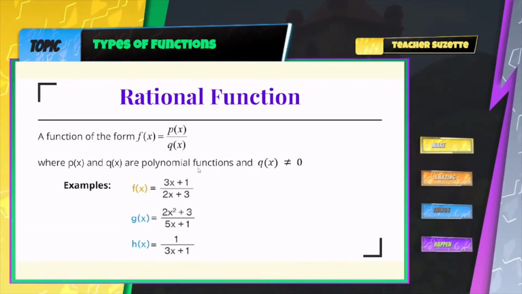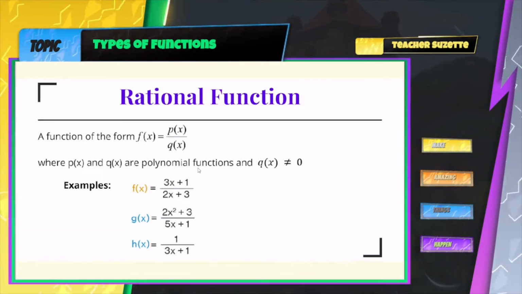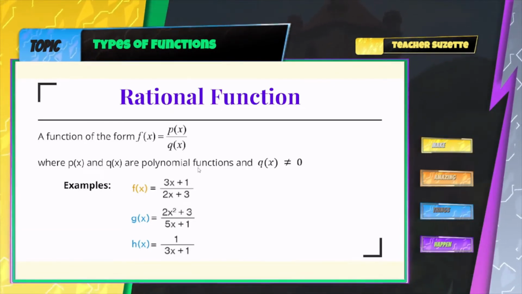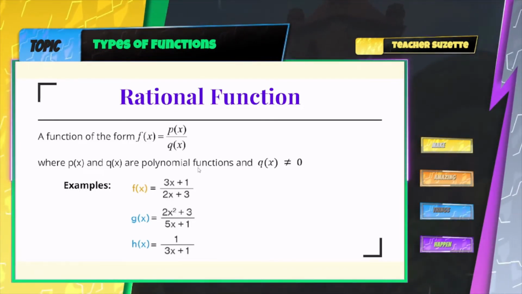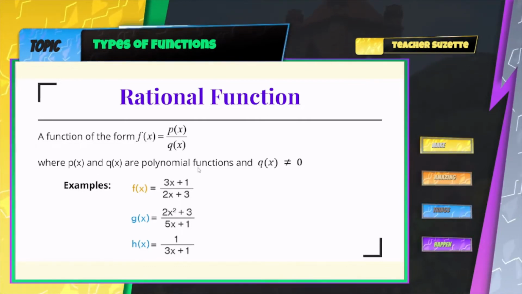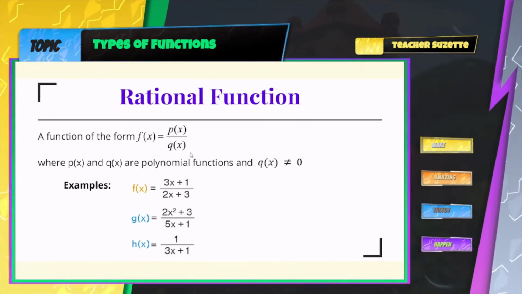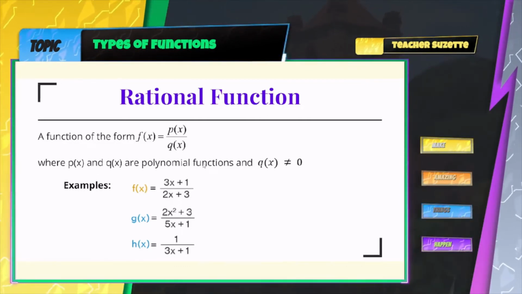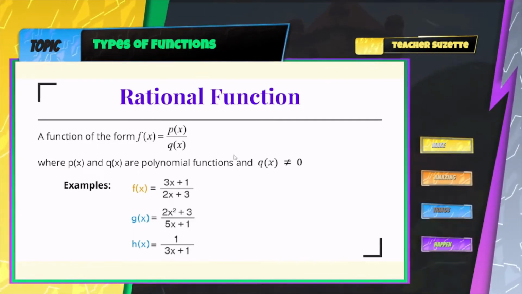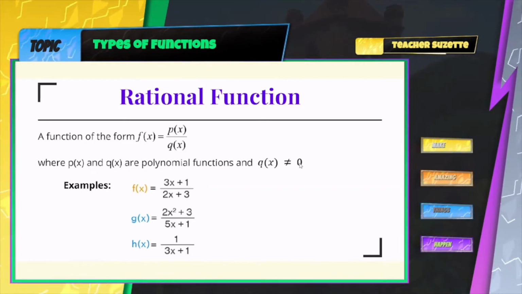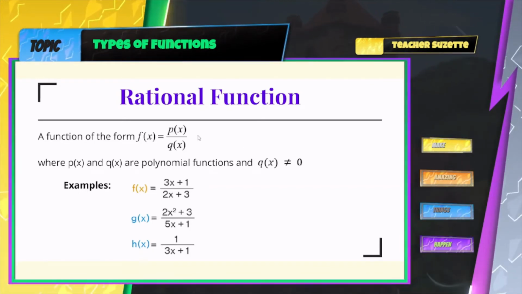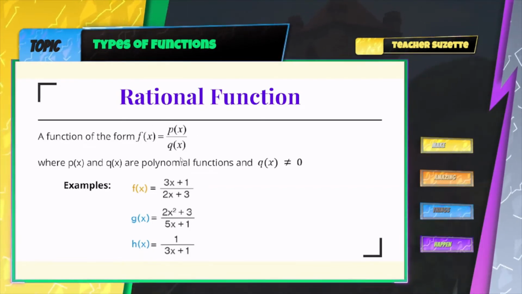So, this is just a fraction, or it can be written as a polynomial divided by another polynomial. However, remember that in a fraction, the denominator, or for this case our q of x, should not be equal to 0 because it will make your rational function undefined.